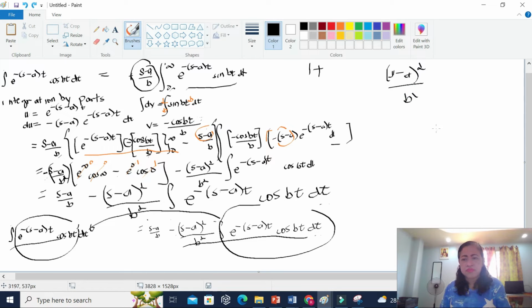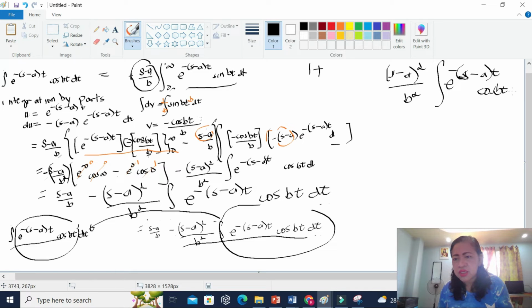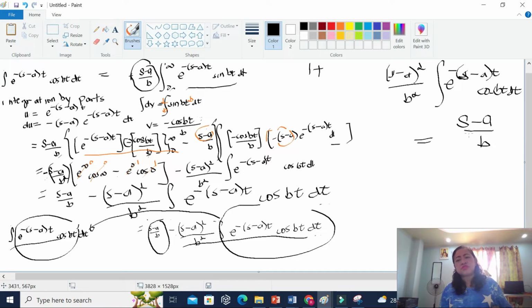Okay. Integral ng e to the negative s minus a t cosine of bt dt. Okay? So, ito na lang ang matitira sa kabilang side. Okay? So, that will be s minus a over b. Okay, no? So, yan. Okay, let us have another paint.